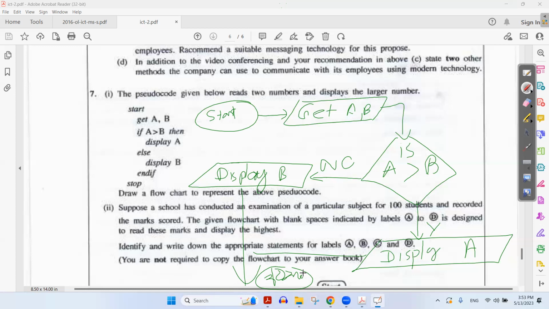Right, so this is how the flowchart is going to be.